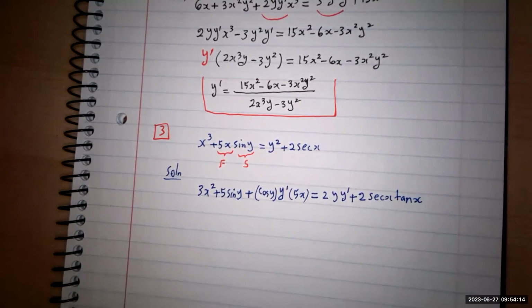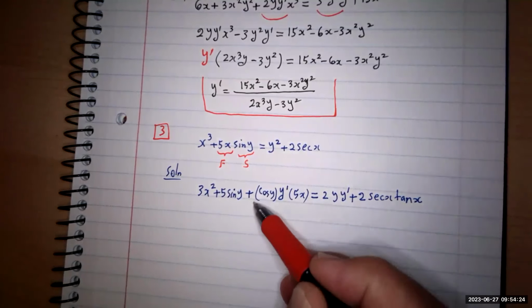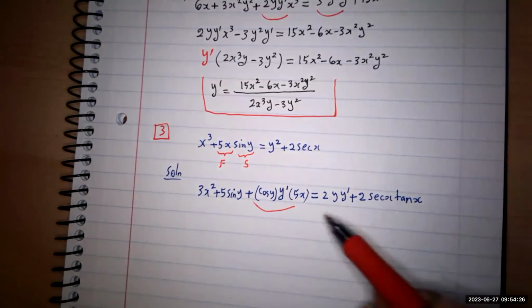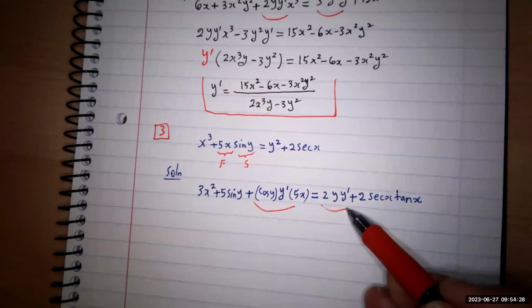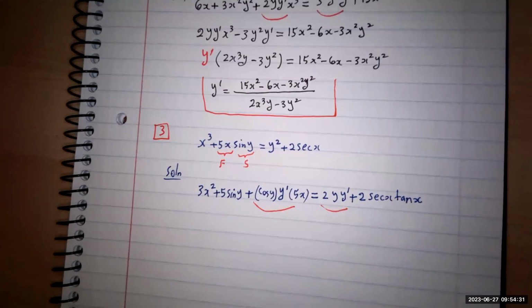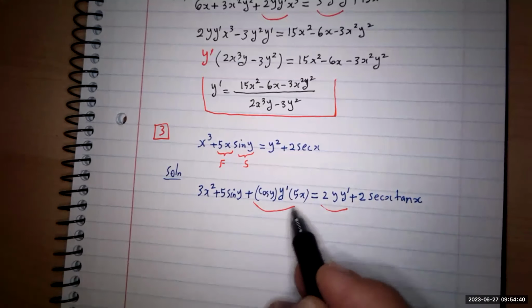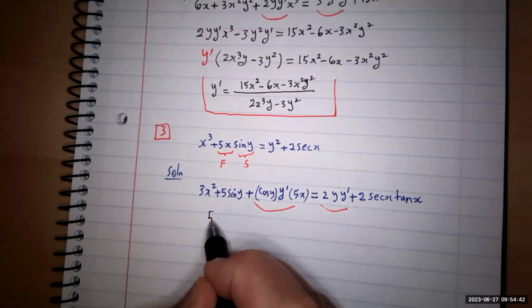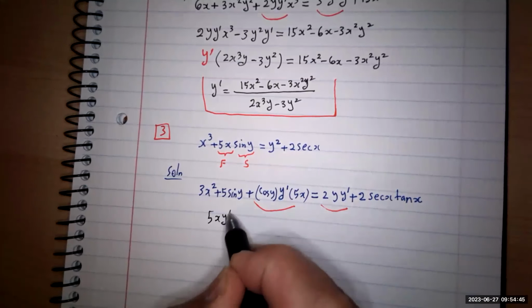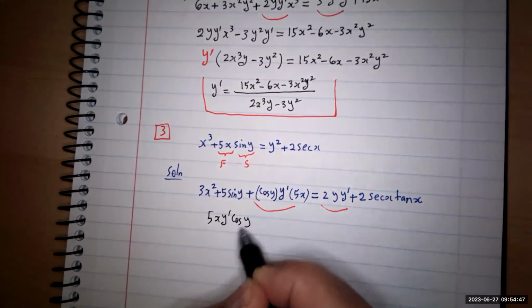Now we have to isolate the y prime. So the terms with y prime that we have are this one, and then there is another one here. So isolate them, move them to the left. I'm going to move these monomials up in front. So I can write it down as 5x y prime cosine of y.